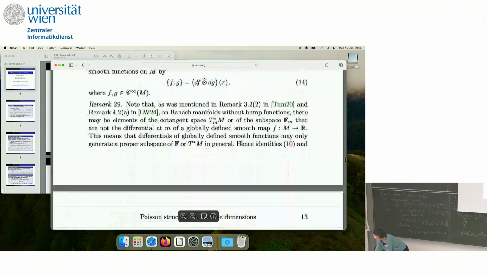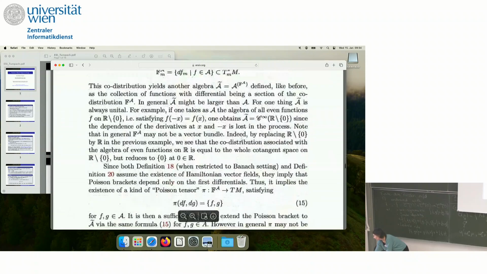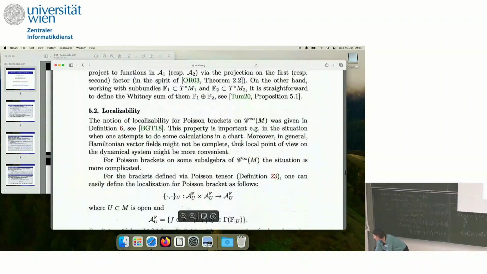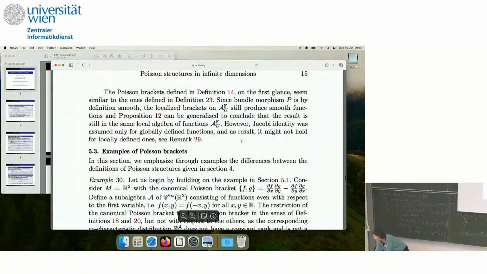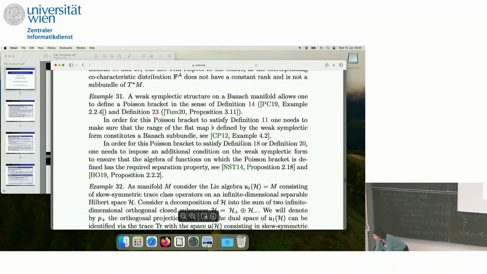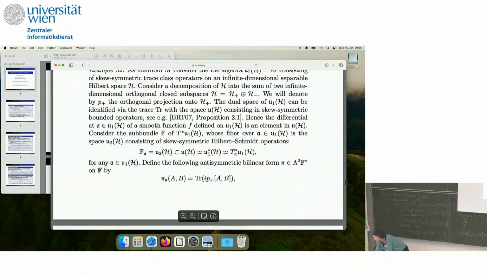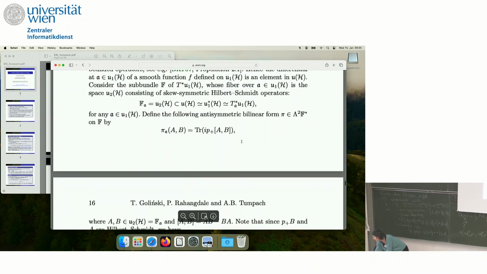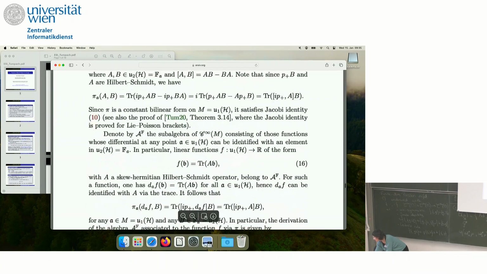And I will advertise this paper because at the end, we make a comparison, and you see there are some difficulties, and each approach has its advantages and disadvantages.